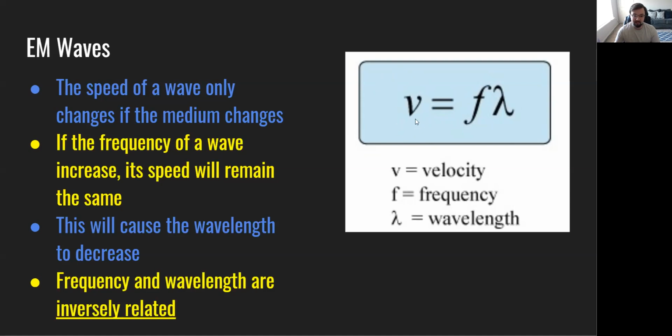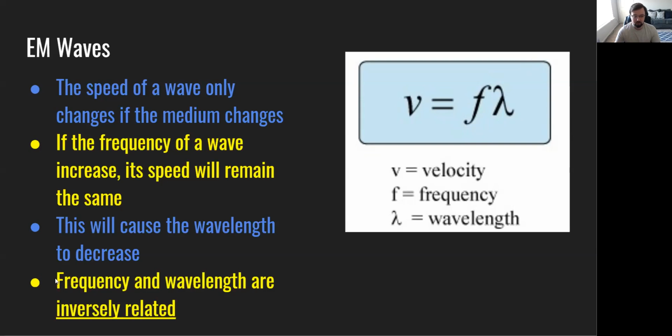So if velocity is going to stay the same, and I increased my frequency, what has to happen to make sure that my speed doesn't change? Well, the only way to balance this equation is to decrease the wavelength. And that's what happens. When frequency goes up, wavelength goes down. And vice versa. If wavelength goes up, frequency goes down, if the medium stays the same.